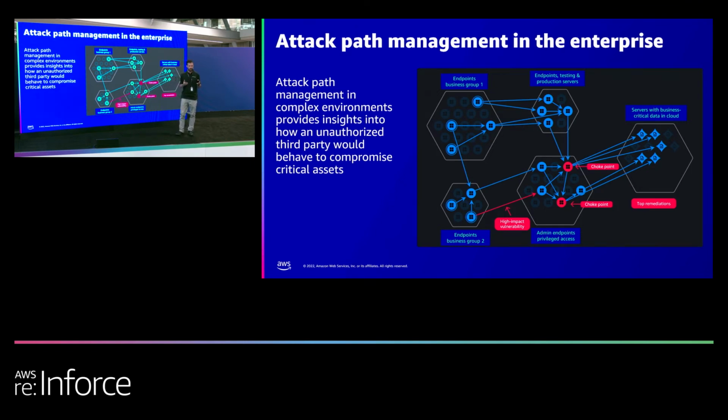That helps us estimate how difficult it will be for an attacker to reach those critical assets. So this is the main thing about attack path management: understanding the risk towards the business-critical assets and how to remediate it in the most cost-effective manner, because we're not going to remediate and fix everything.